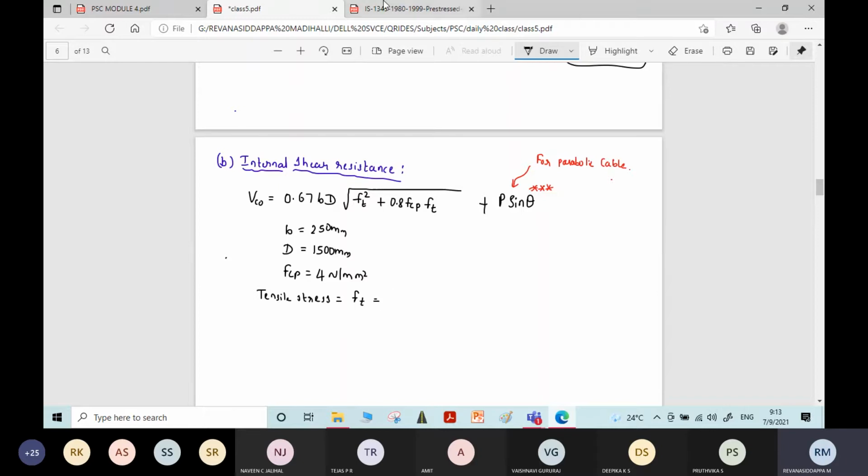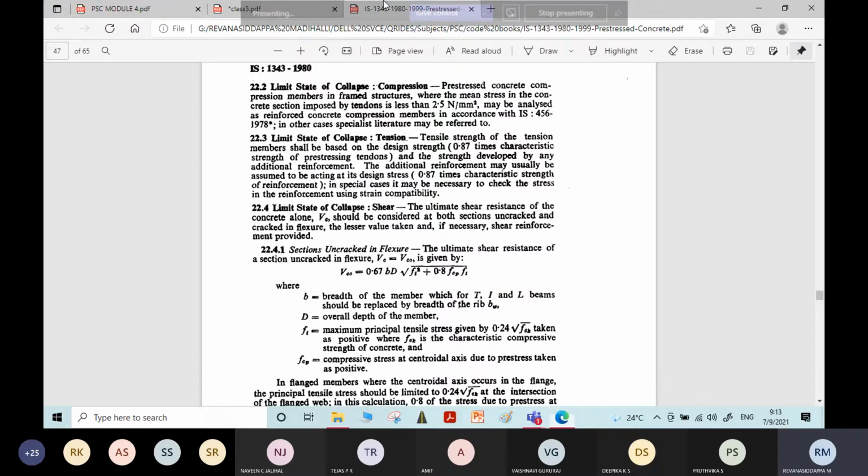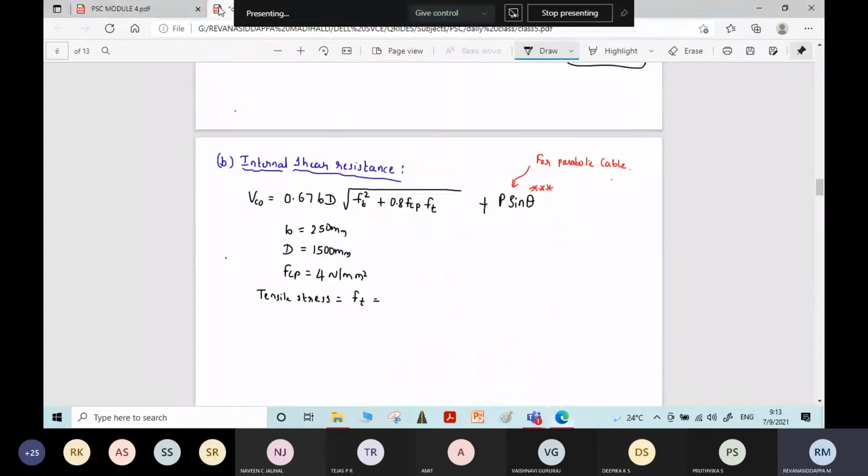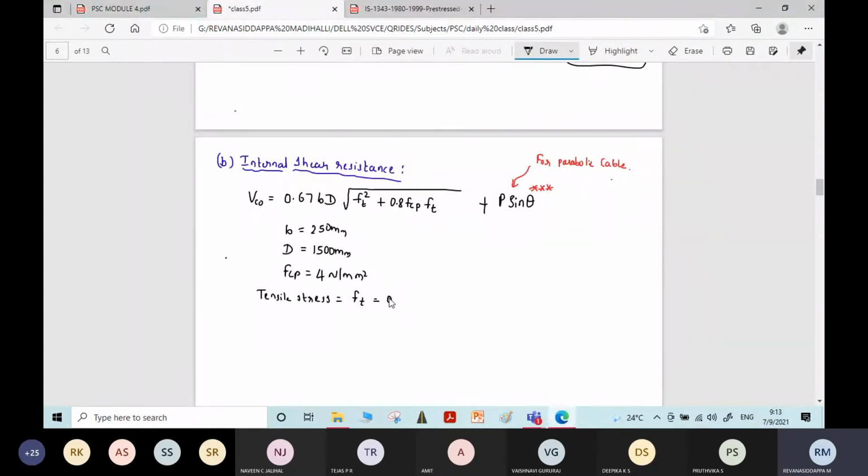It is 0.24 root of FCK, which is given in page number 46, IS 1343:1980.